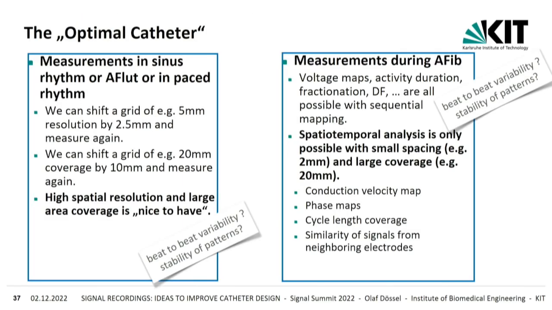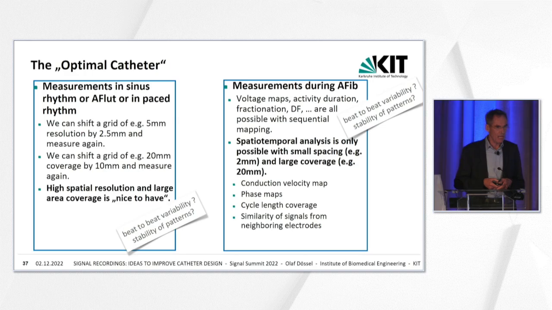What does all this mean for the optimal catheter? On one side, we can make measurements in sinus rhythm and atrial flutter or in pace rhythm. And there we can always shift the grid and get a very high resolution with a coarse catheter. And we can also get a good coverage by moving. So high spatial resolution and large area coverage is nice to have, but we can go with the catheters that we have today.